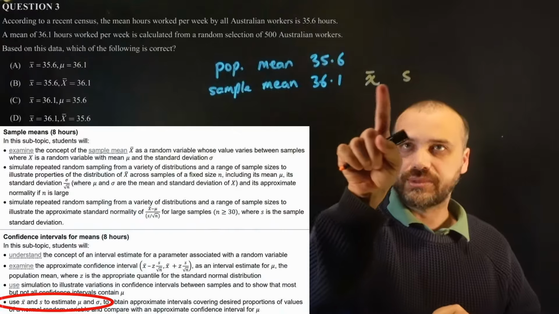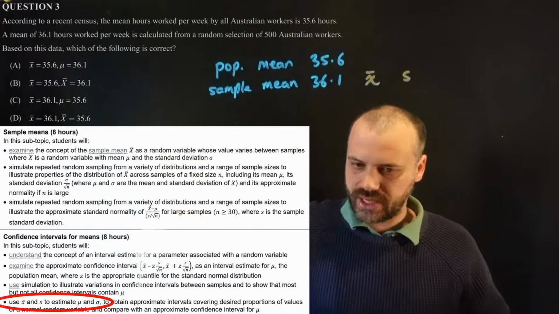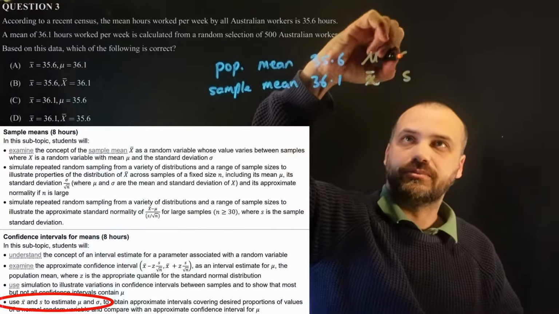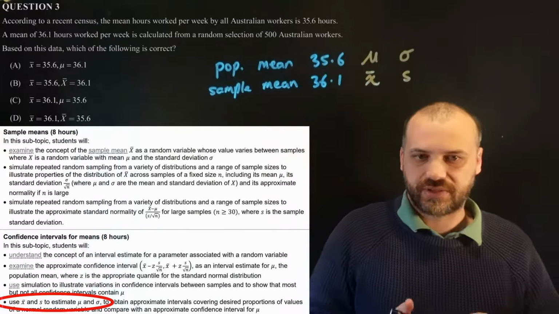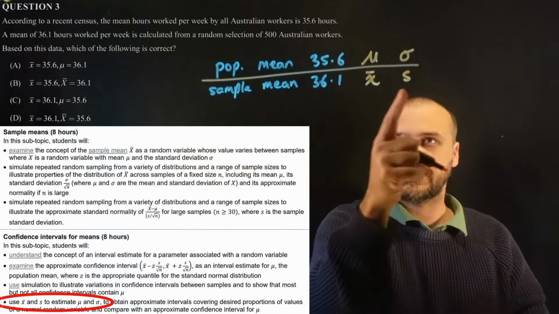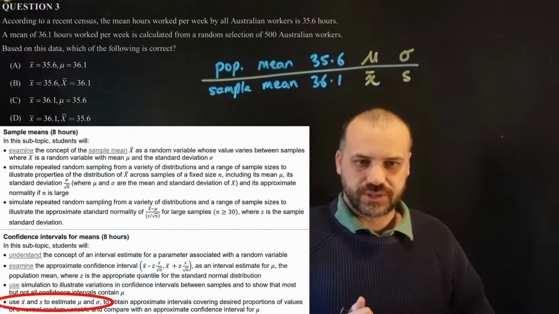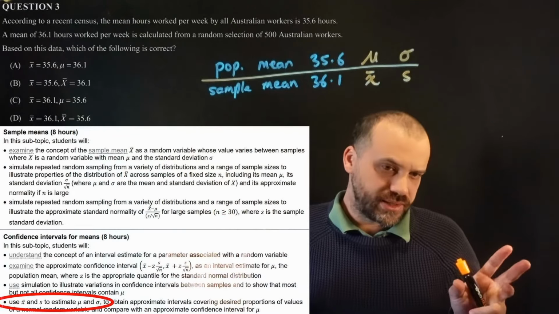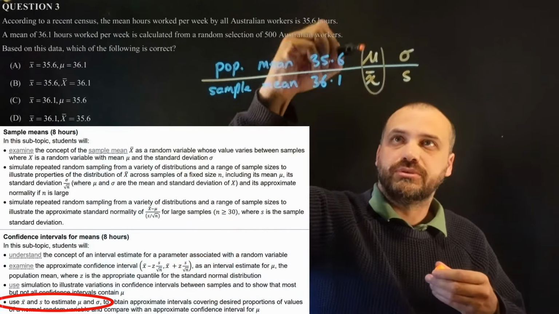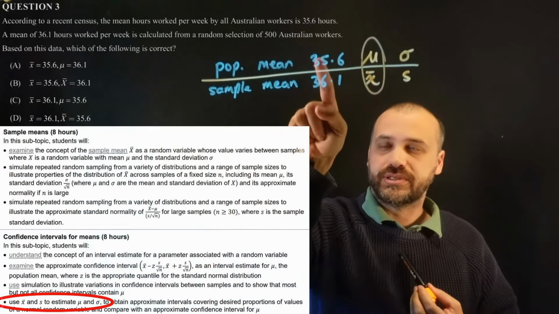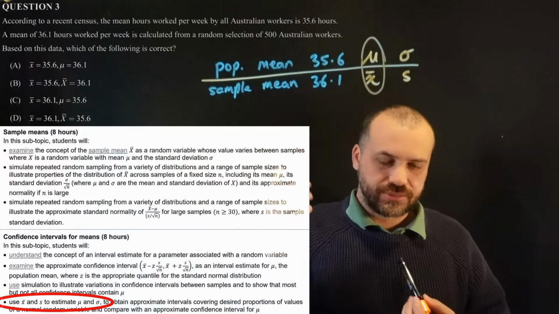And if we know a sample mean and a sample standard deviation, we can estimate the population mean and the population standard deviation. So these symbols belong to populations, these symbols belong to samples. So I should be able to find my answer now, right? Because I'm going to use these two, which are my mean symbols, and I'm going to look for that one being 35.6 and the next one being 36.1.